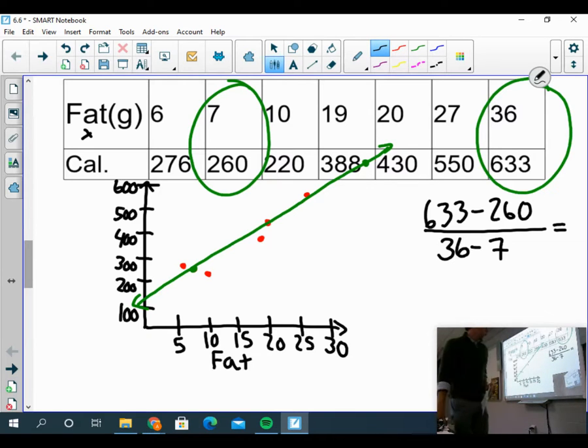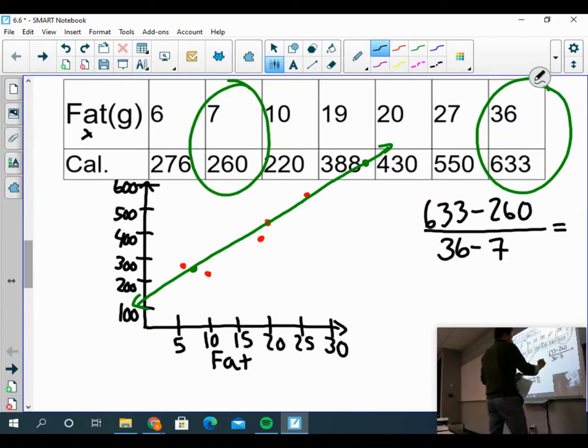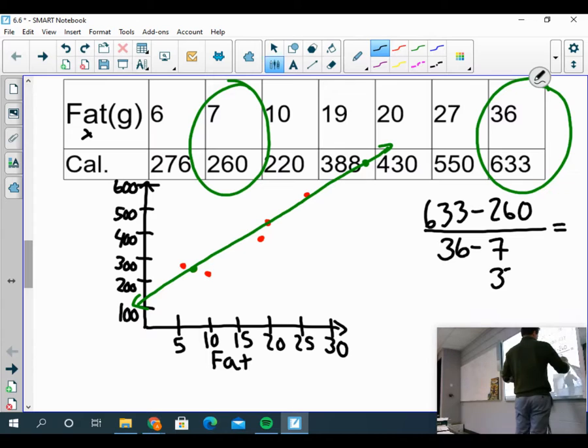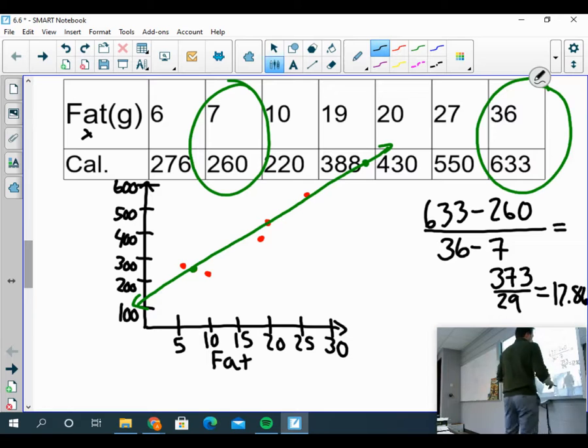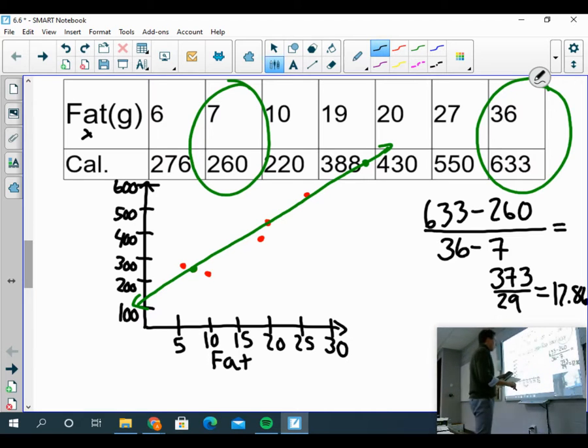All right, to find that slope, I do 633 minus 260. I get 373. 36 minus 7, I get 29. And 373 divided by 29, and I get 12.86. So my slope will be 12.86.